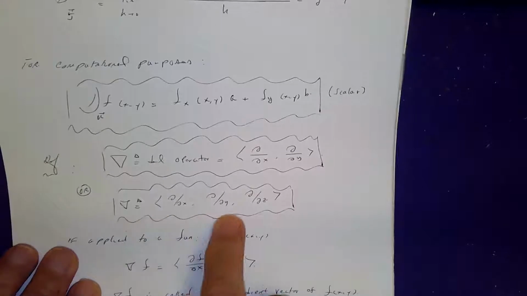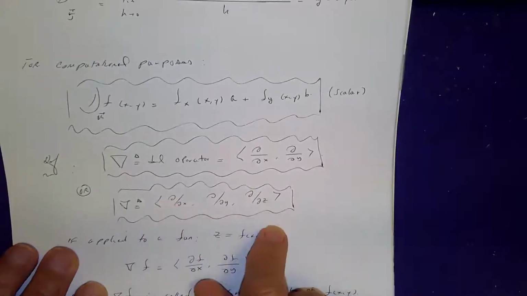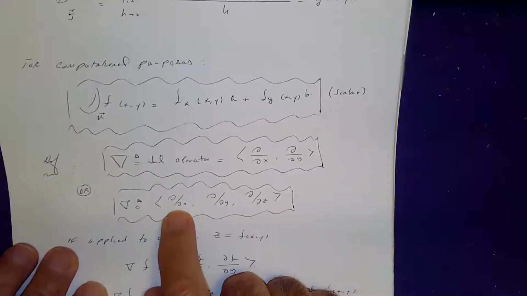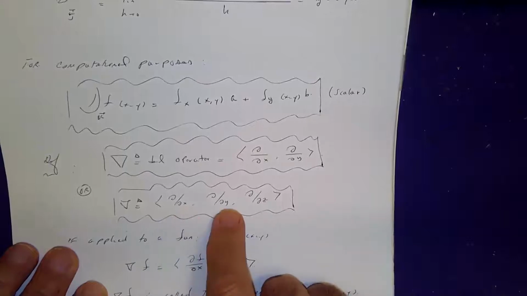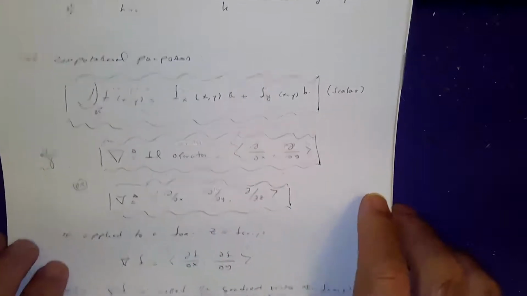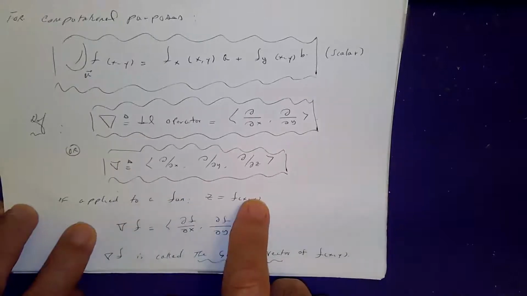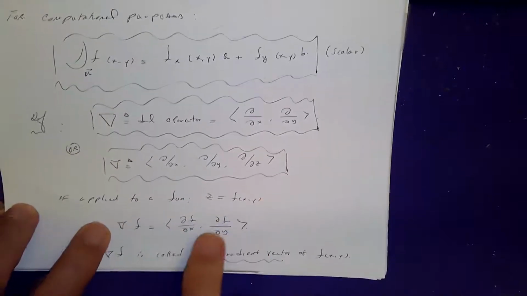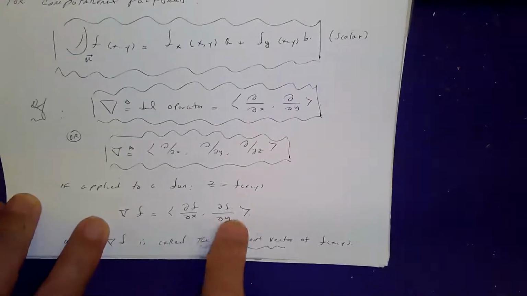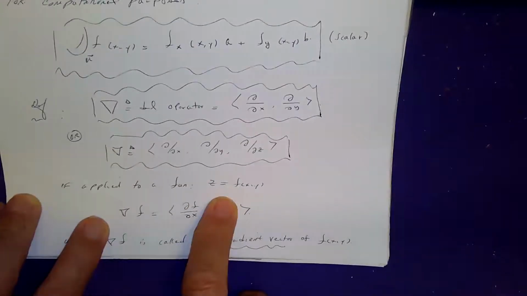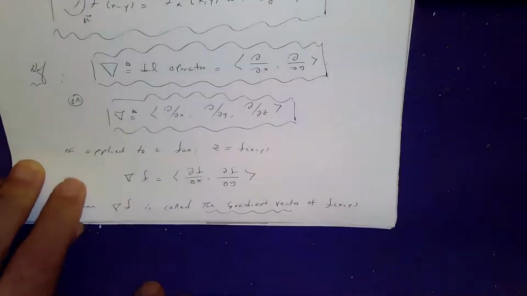So for a function of, let's say, 3 variables, the answer is a vector. You have blank partials for the x component, y component, and z component. If we apply this operator to a function, then the answer is a vector whose components are the partial derivatives of that function, respectively, with respect to x, with respect to y, and so on.